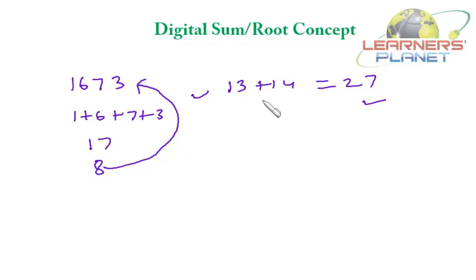You know the digital root of the left hand side, then you can choose the option which matches the digital root of this expression. Here, 1 plus 3 is 4, and 4 plus 1 is 5. So the digital root of the LHS, that is the left hand side, is 9, and similarly the digital root of the right hand side is also 9, that is 2 plus 7. So it matches.